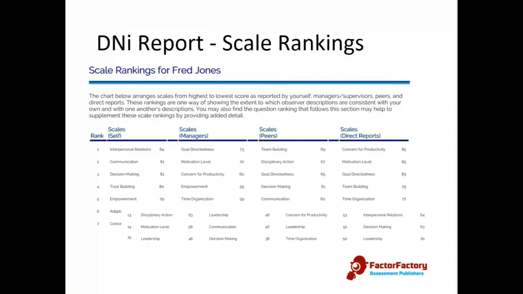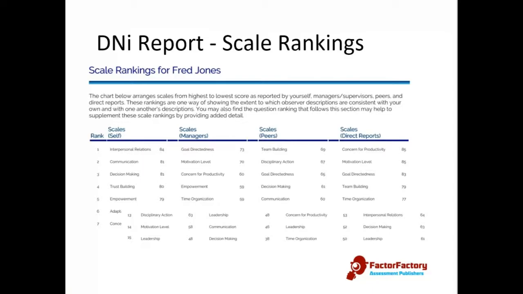Then as you jump down to the bottom here, you'll see the individual ranked himself lowest in leadership. You see that 15 leadership and a 48 score in the lower left of the screen. That means that individual probably sees his leadership ability as low or poor out of these 15 areas we looked at. So then I might ask, how do their managers see them? You see leadership is actually ranked at 13th on the list of 15.